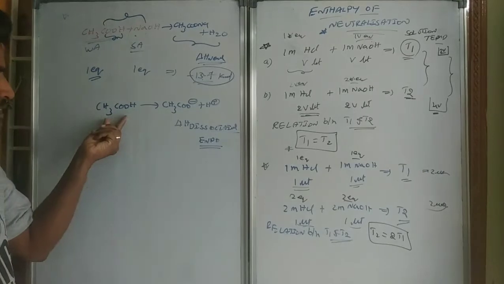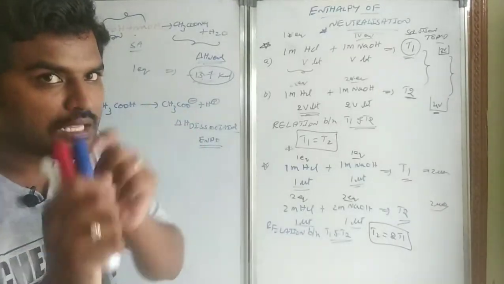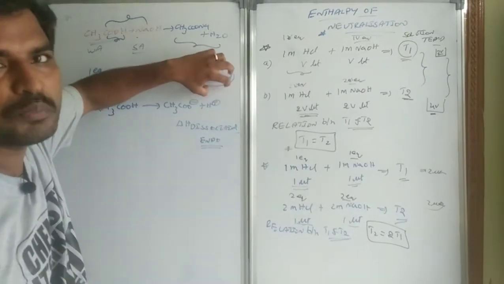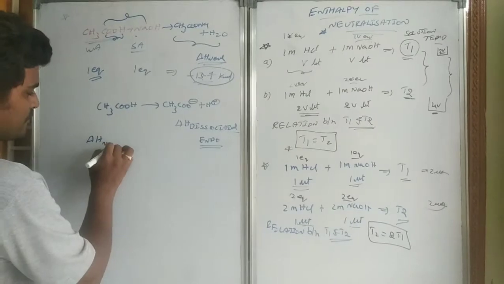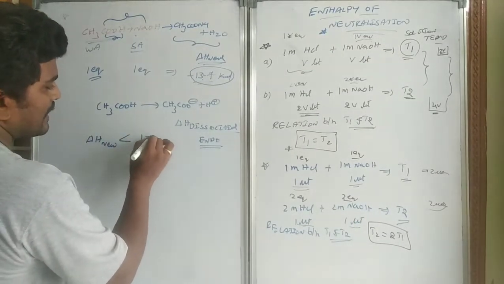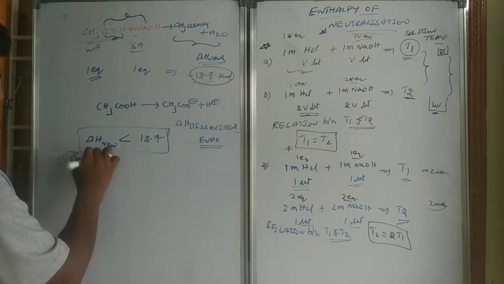So whenever you take a weak acid, it needs some amount of heat for dissociation. That's why it will absorb the heat from here. That's why the enthalpy of neutralization is less than 13.7. This is a very, very important bit.